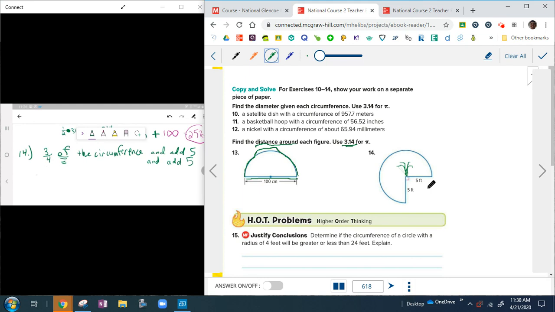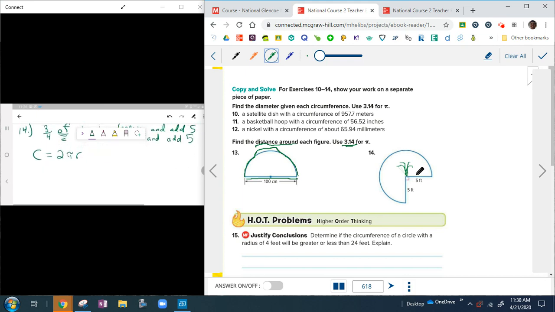So how do we do this? Well, circumference equals, looks like they gave us the radius of this circle. So we'll use the 2 pi r formula, and then we'll go circumference equals 2 times, they told us to use 3.14, times the radius, which is 5.